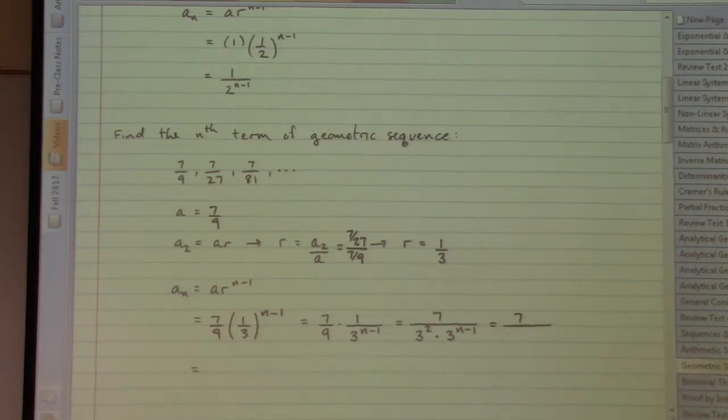Using our rules for powers, when we multiply things together that have the same base, that means that we can add those powers together, and that would give us a simplified formula with a 7 on the top and on the bottom a 3 to the power of n plus 1.